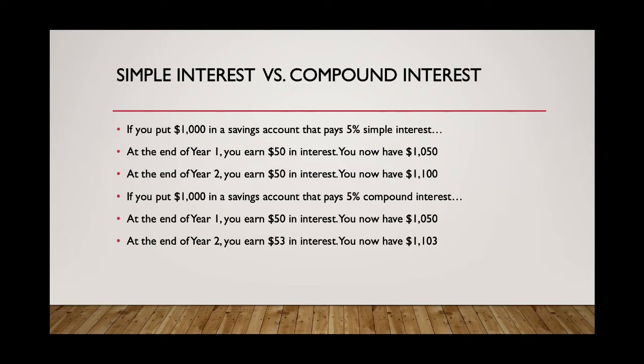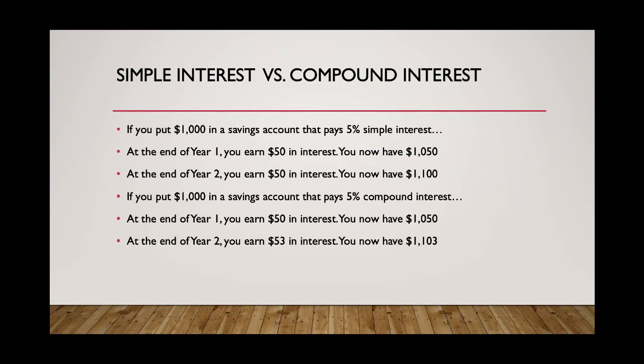Now, compare that with the concept of compound interest. If you take $1,000, put it in a savings account, in a type of account that pays 5% compounded interest, well, at the end of year 1, you still end up with 5% of $1,000. You still earn $50 in interest, which means you end the year with $1,050 in your savings account.